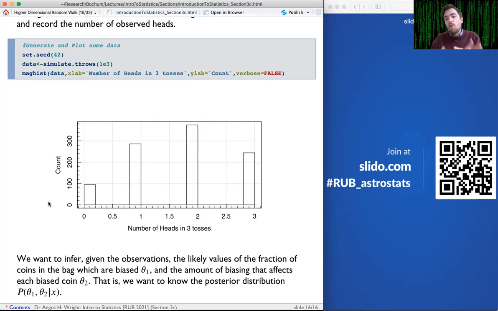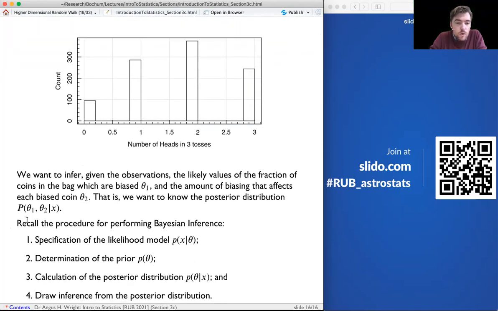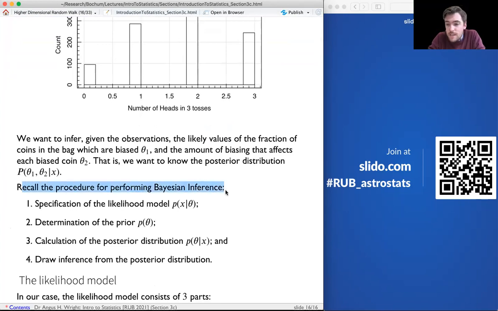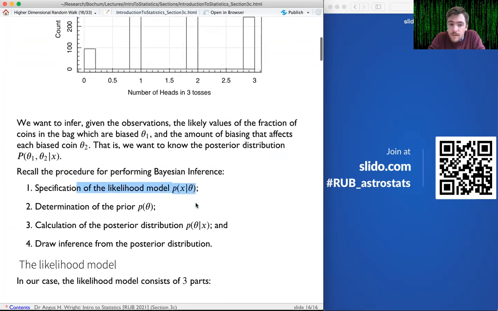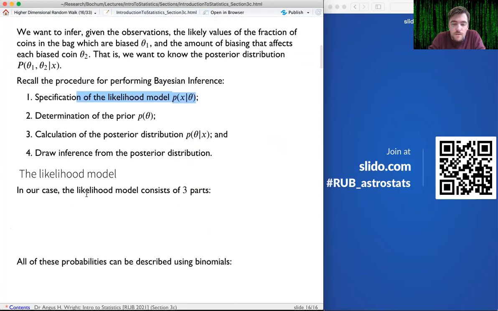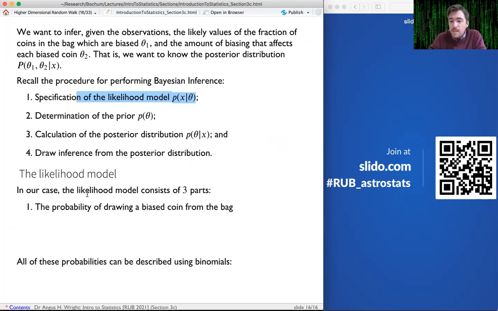But this is the whole point of Markov chain Monte Carlo. So we're going to go through our procedure for Bayesian inference. We had these 4 steps. The first step was that we need to define a likelihood. Our likelihood consists of 3 parts. It consists of the probability of drawing a biased coin from the bag.